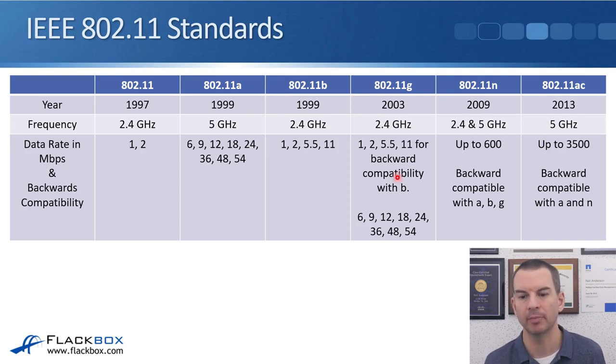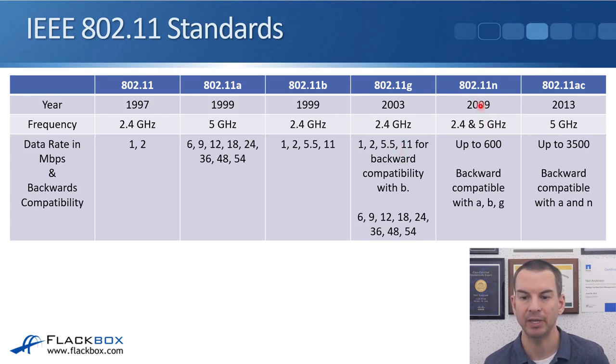Now, with the backwards compatibility, maybe you had a wireless device which only supported 802.11b, did not support 802.11g. Well, in that case, if you had some devices on your network which did support 802.11g, then they could operate at up to 54 megabits per second. The old devices which only supported 11b, they could operate up to 11 megabits per second.